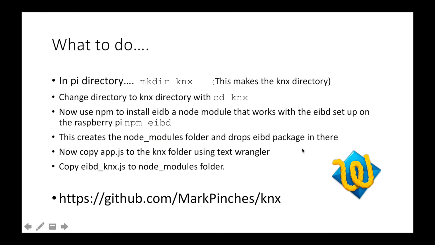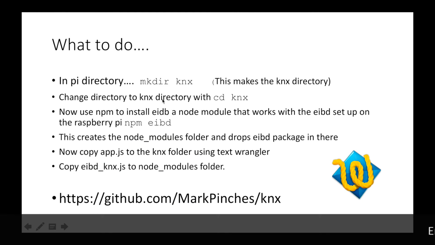So what we're going to do in this video is make a directory and sort out the directory structure defined before, and we're going to do that very simply. We're going to SSH into the Raspberry Pi, and then make a directory in the Pi directory called KNX, and then move into that KNX directory with the cd command.